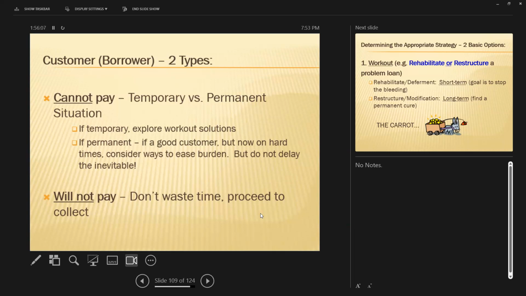So going back to the cannot pay. At the top, we have two basic types of customers: the cannot pay and the will not pay. When you're dealing with the cannot pay, you're looking at a temporary versus permanent situation.